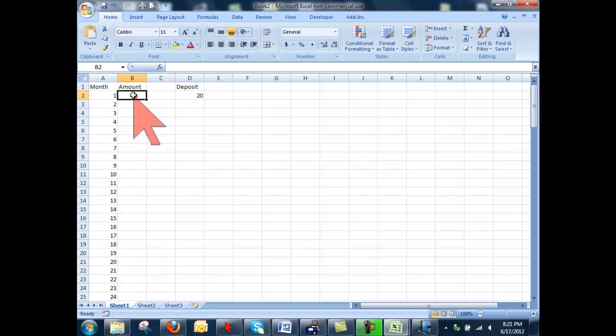Okay, so now what do I want to do? The first month I deposit D. So I can click on cell D2 or type the letter D. And now, next I want a formula.